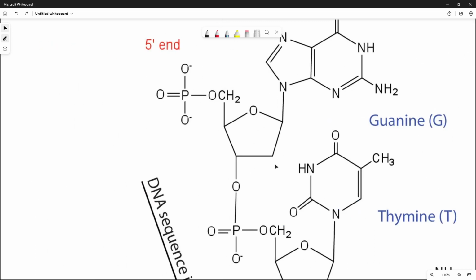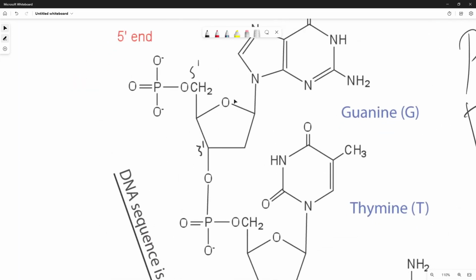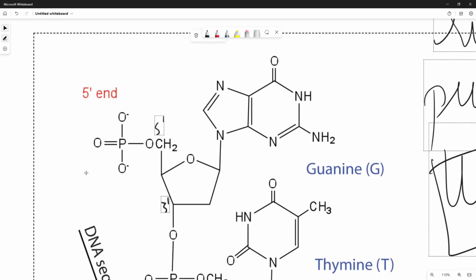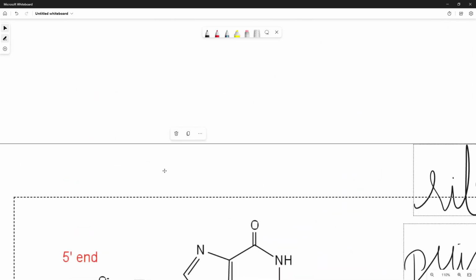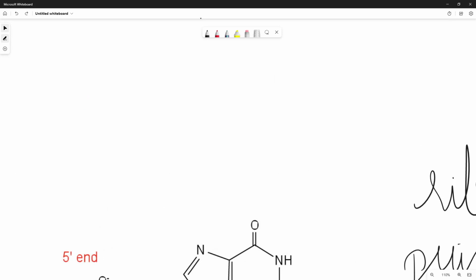And one more important point to note is that there are two DNA strands, right? We call the DNA structure a double helix, which basically means it is a double helix like this. And while they revolve around each other, the directions are opposite.